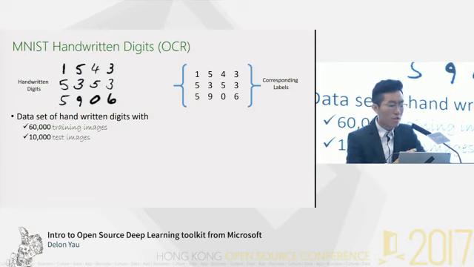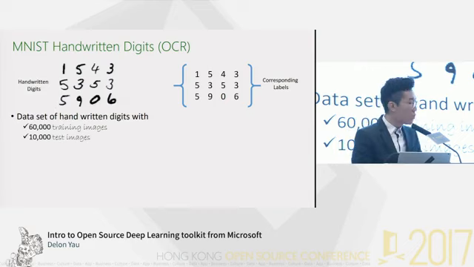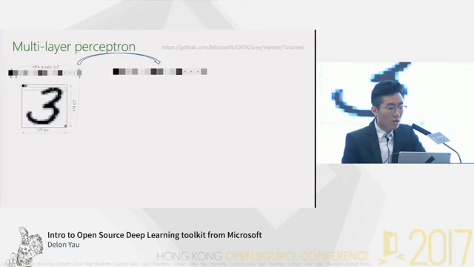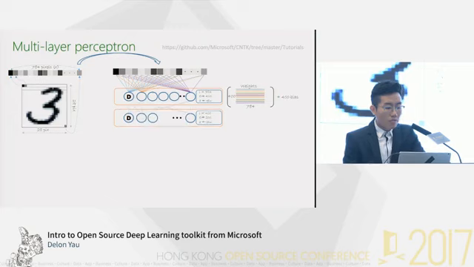Here is an OCR application, translating handwritten pictures into machine-readable text. Most of the time we will use a Python data frame to store it in a matrix. For example, this is a 3x4 matrix, as you can see on the screen. Within CNTK, this data set goes through a series of data processing procedures.